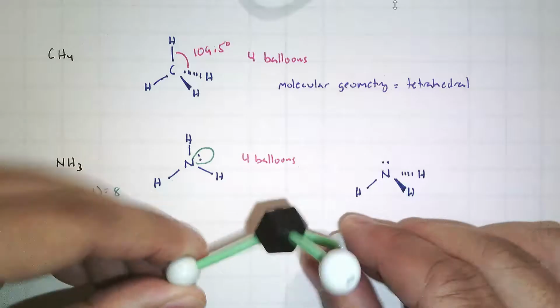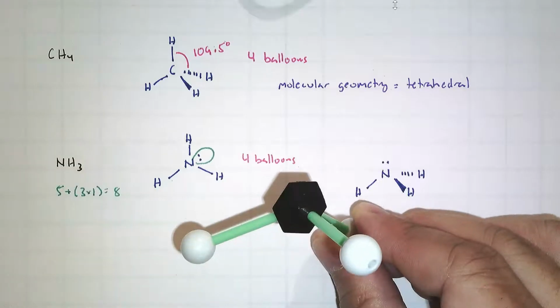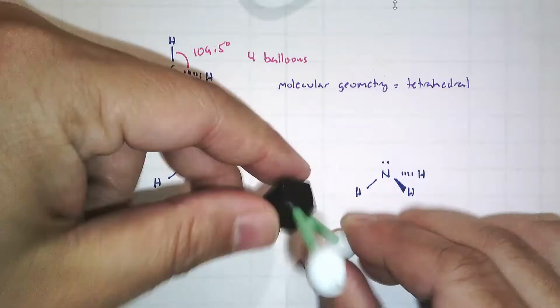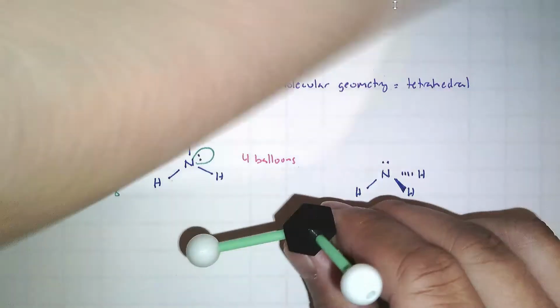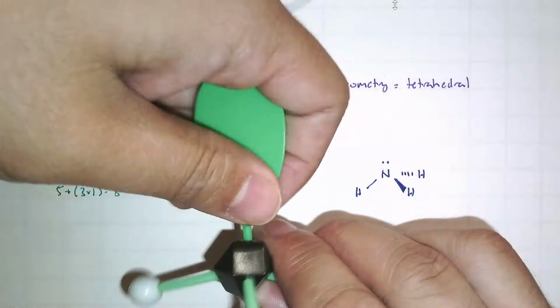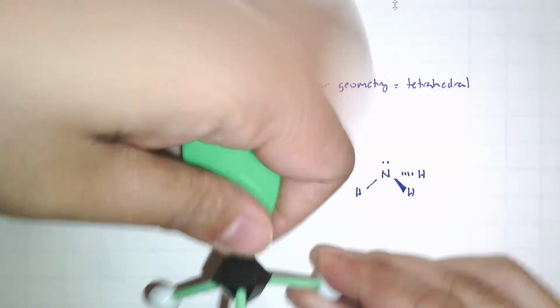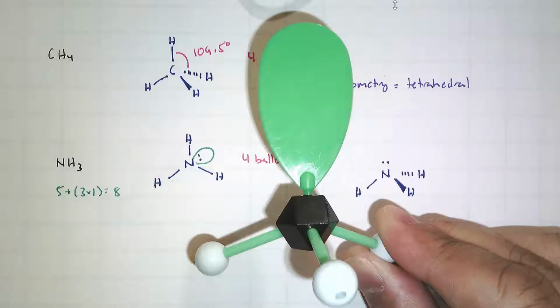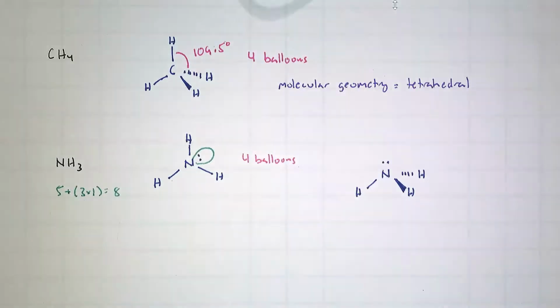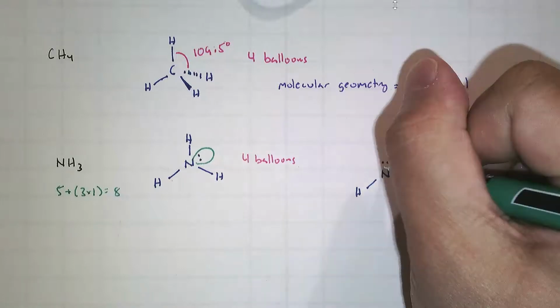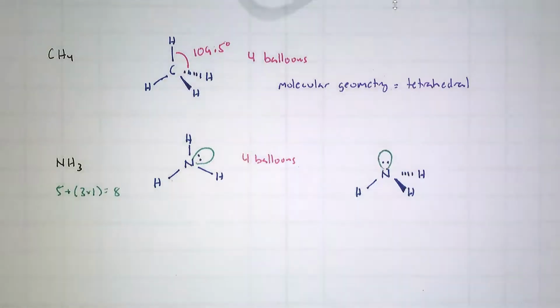So now I have a nitrogen with 3 bonds, but I like to keep the shape made by the electrons because it does have 4 balloons, and I'm going to encapsulate that lone pair in this loop. Okay. So that's ammonia, and yes, you can think of this as a balloon as well.